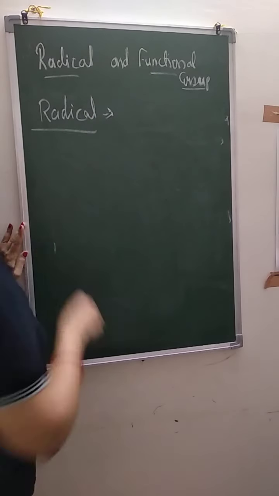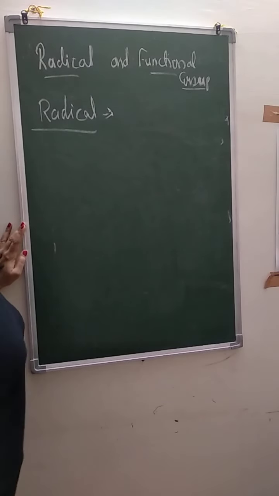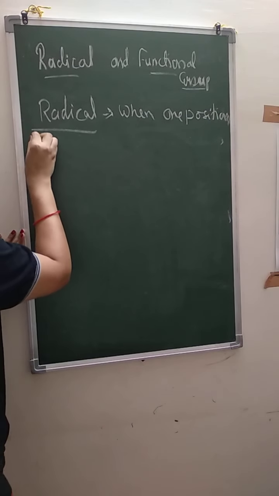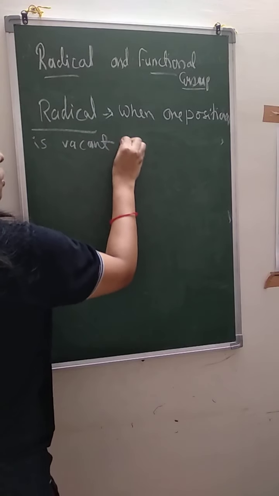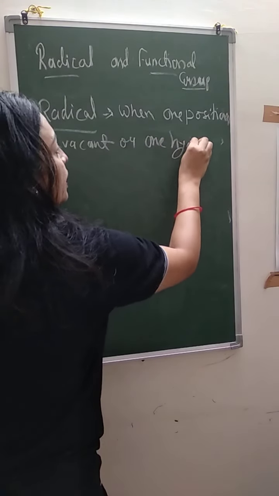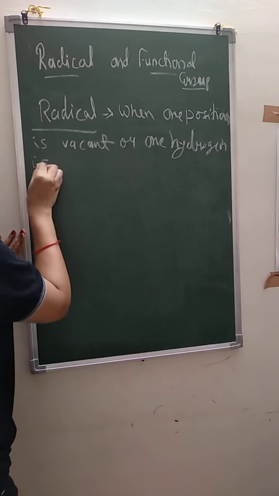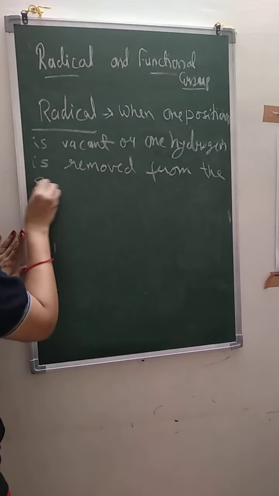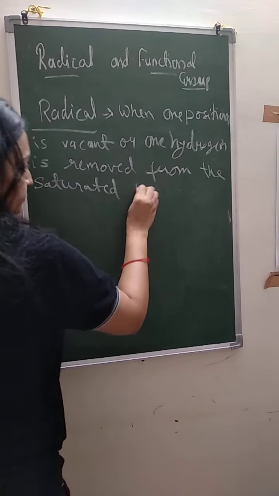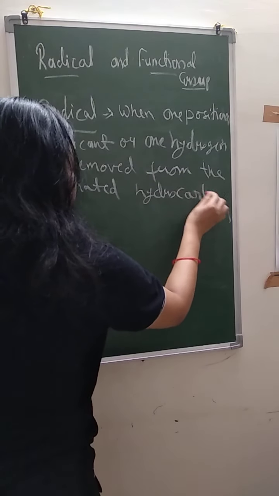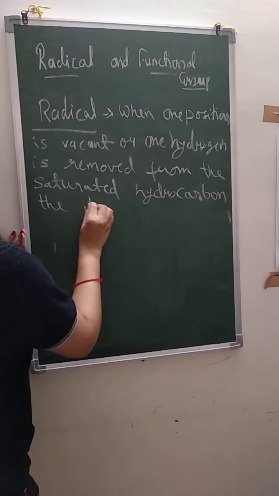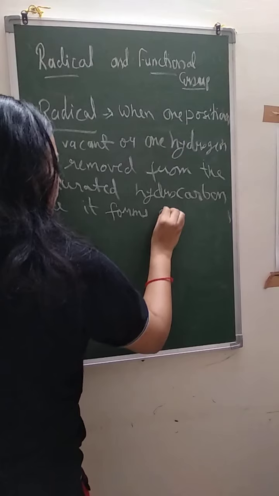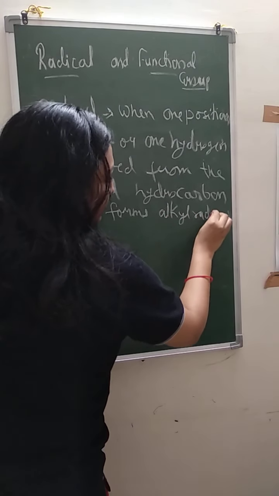We can understand it by that when one position is vacant or one hydrogen is removed from the saturated hydrocarbon, then it forms alkyl radical.